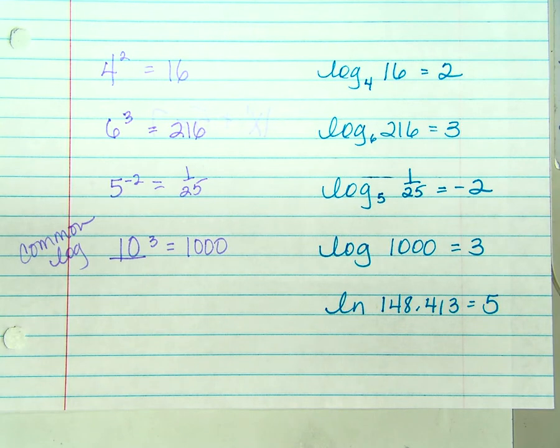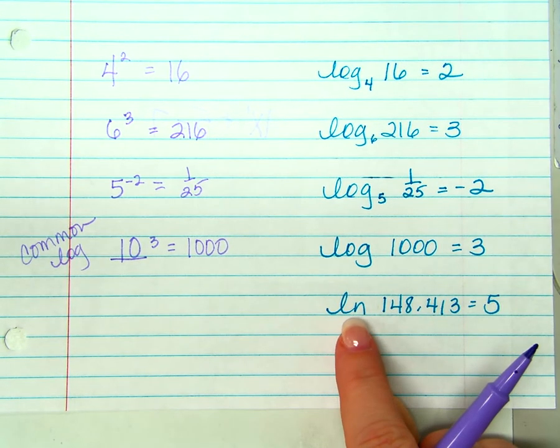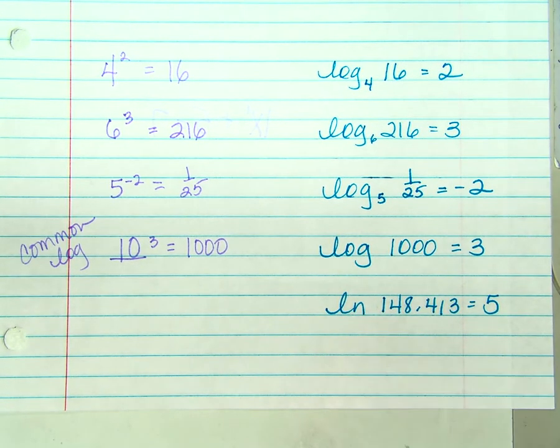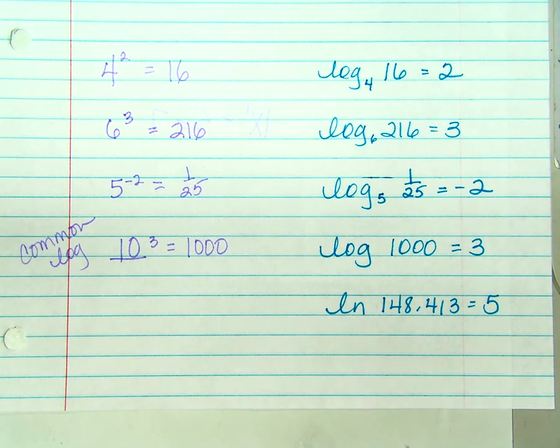Wait, do I just not know how to spell? What's that called? We've talked about it before, right? It's a natural log. There's no base written, but we know that every log has to have a base, right? So what's the base of the natural log? What number is associated with the natural log key on your calculator?